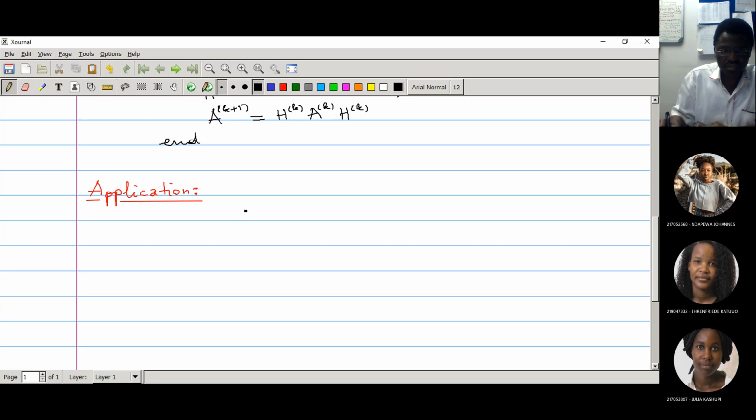Okay, so our matrix A is a symmetric matrix. So the entries of A are 4, 1, negative 2, 2.